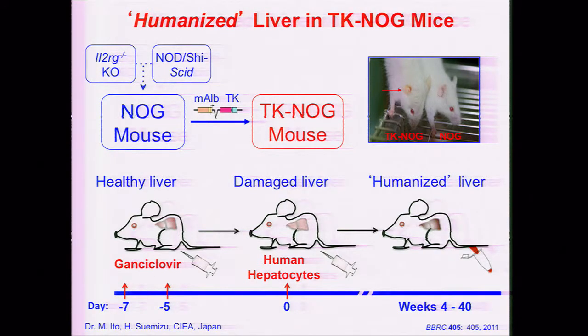The mouse is called the TK-NOG mouse because of the thymidine kinase transgene, but what you can do is just give the mouse 2 doses of ganciclovir 7 and 5 days before you transplant human liver cells in, and what you end up with is a mouse with a humanized liver.